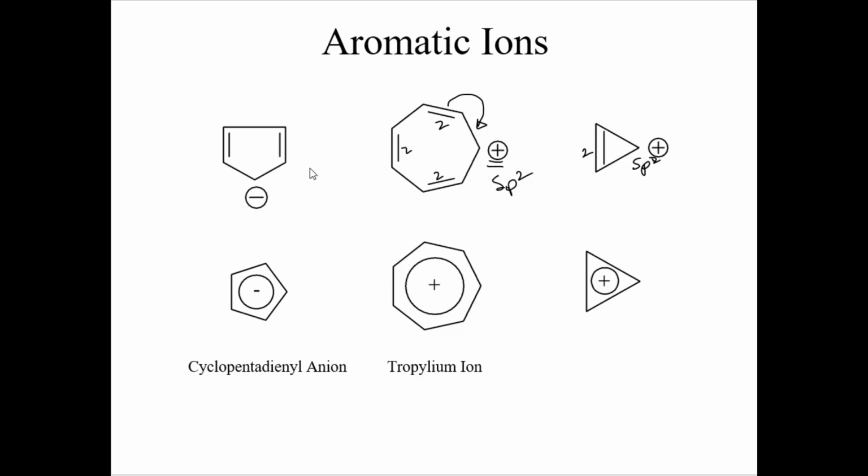Now, what does it mean? Does it mean that this carbocation is so super stable that it won't react with an anion or a nucleophile? No. What it means is that this carbocation is much, much, much more stable than your run-of-the-mill secondary allylic carbocation, because it is aromatic.